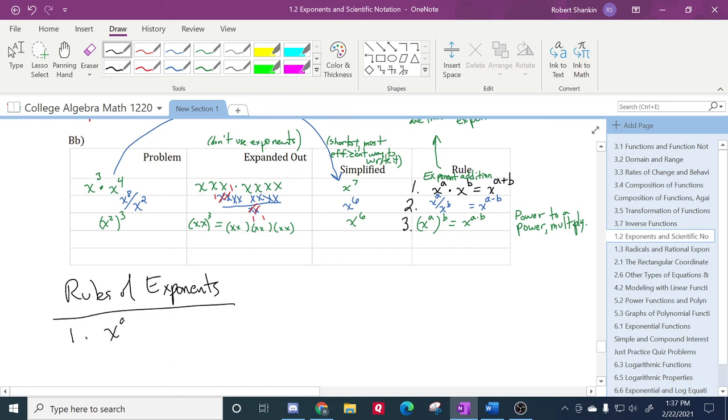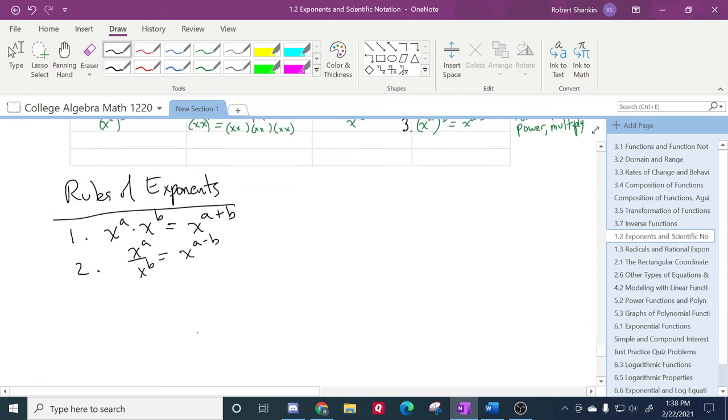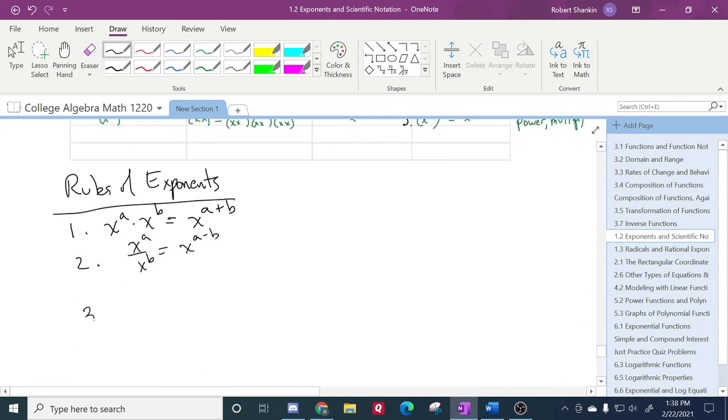One, two, three. All right, now we're going to add some other ones, and we're going to do these other ones differently.